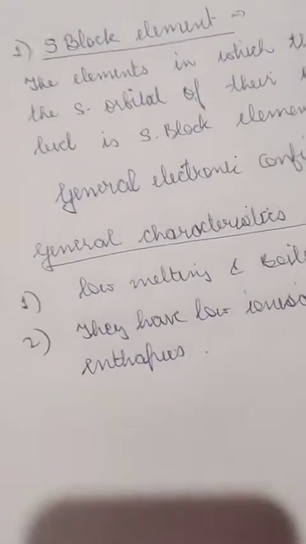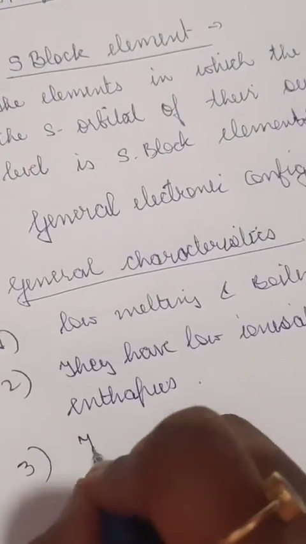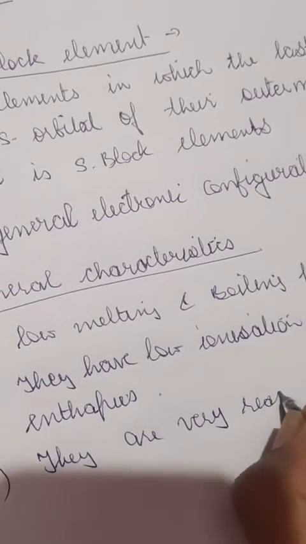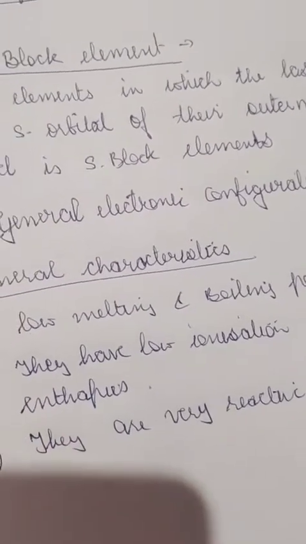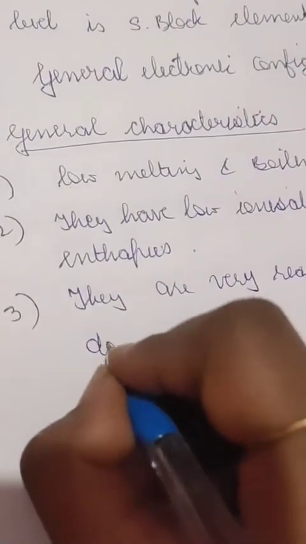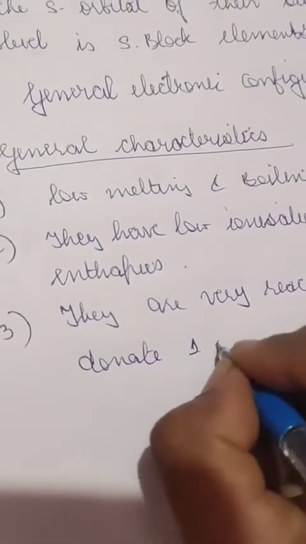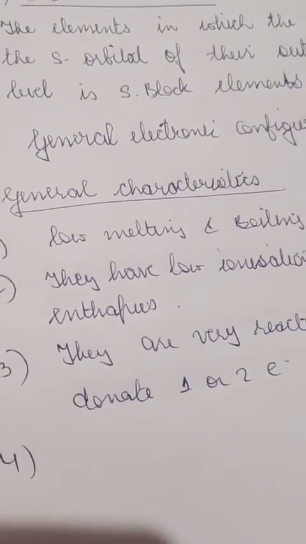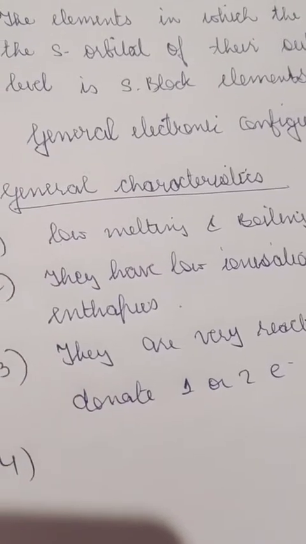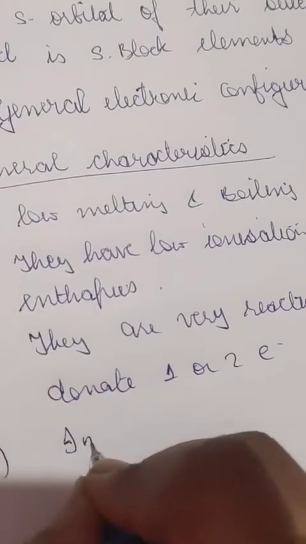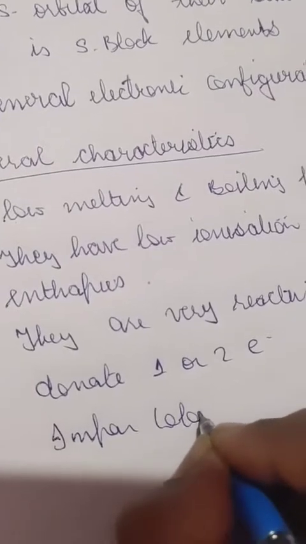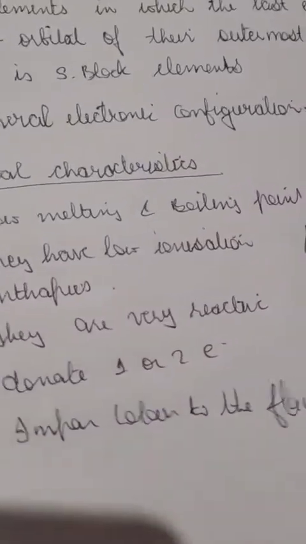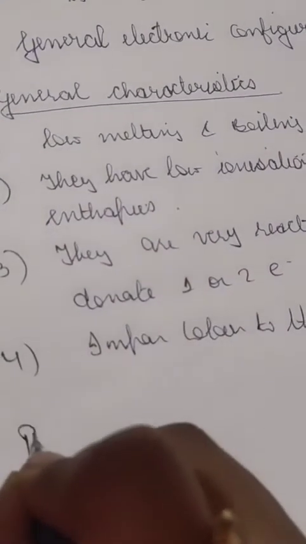Okay, so number 3, they are very reactive, and they donate 1 or 2 electrons very readily, and then they impart a characteristic color when they are burned. So they impart color to the flame.